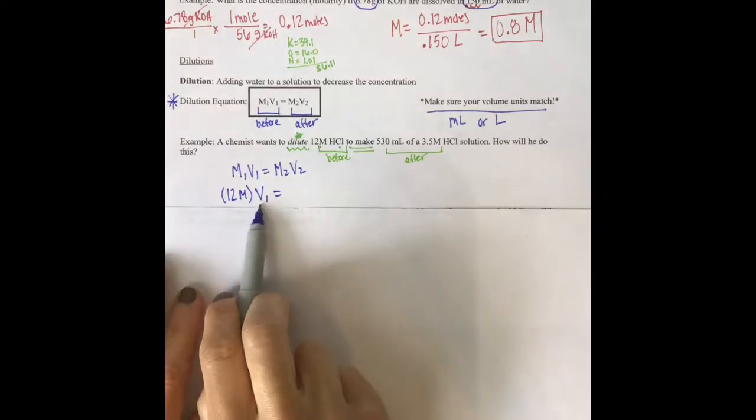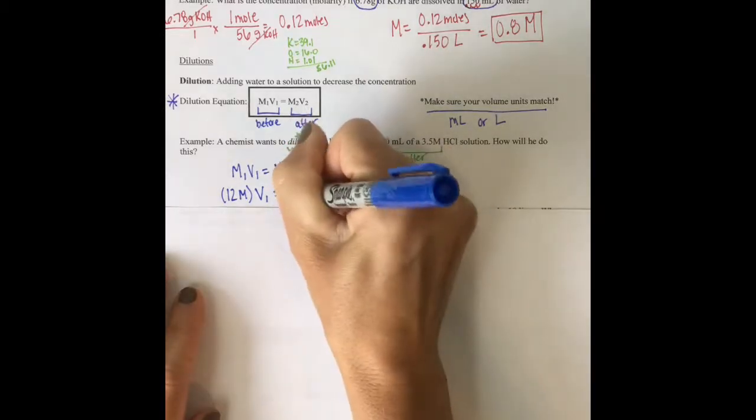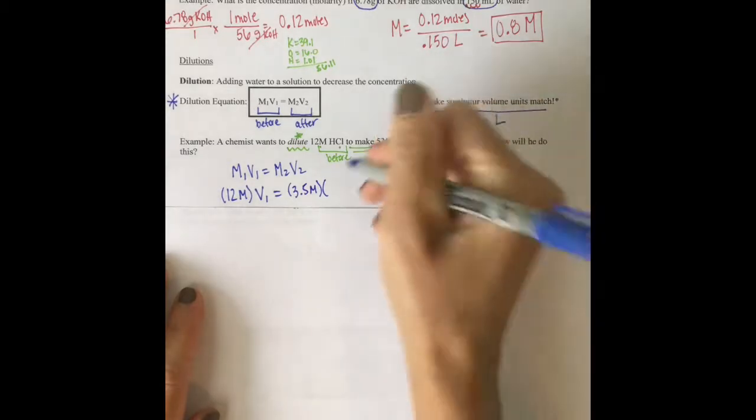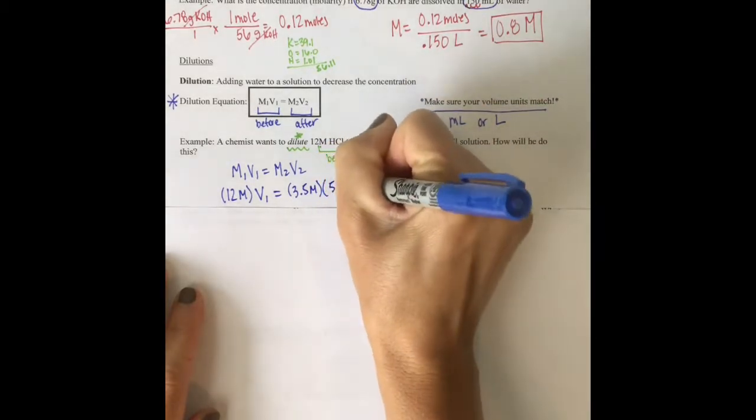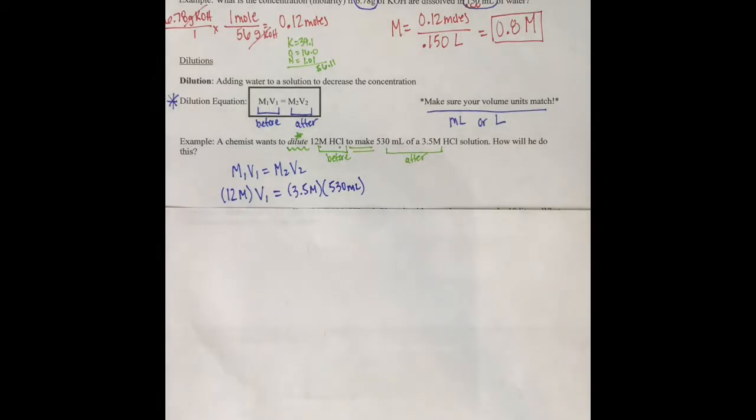That's what we're trying to figure out, so that's our variable. We do know that he wants to end up with a 3.5 molar solution, and he wants 530 milliliters of it when he's done. So in these problems, you will know everything except one variable.